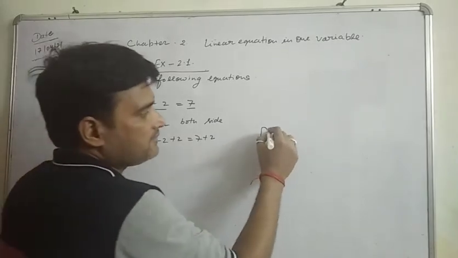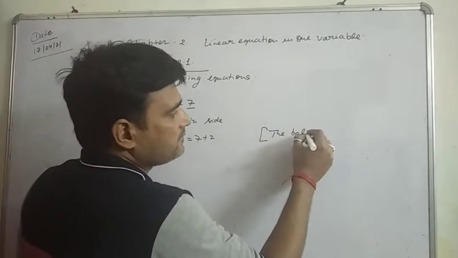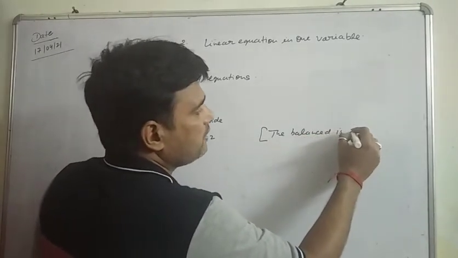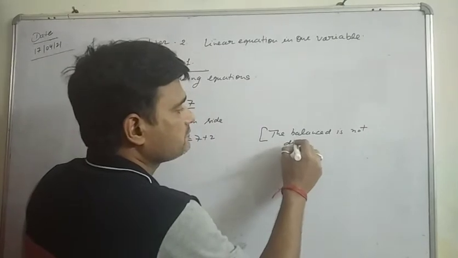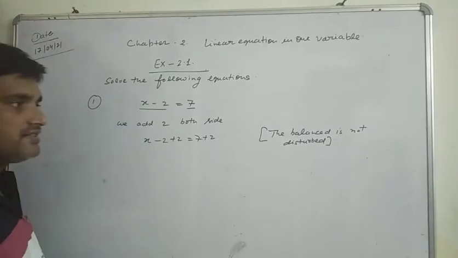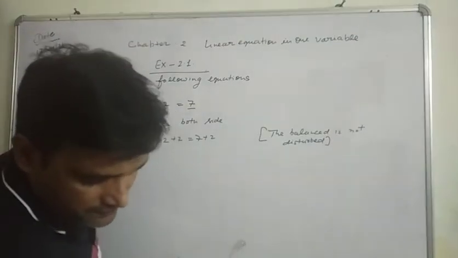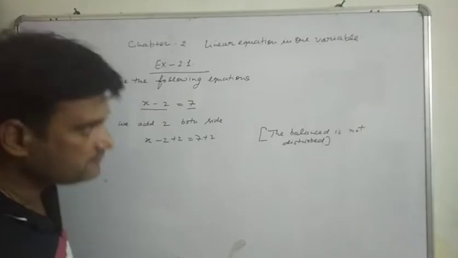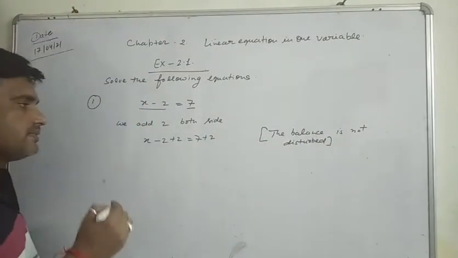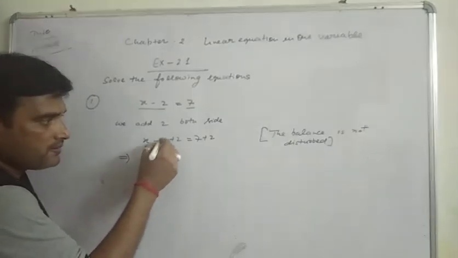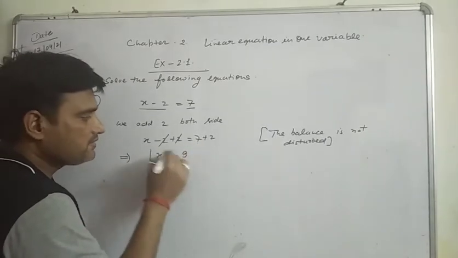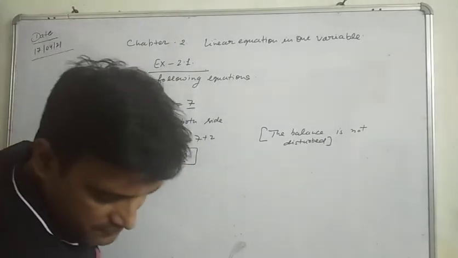The balance is not disturbed. Now 2 cancels out by 2. x = 7 + 2 = 9. This is the solution.